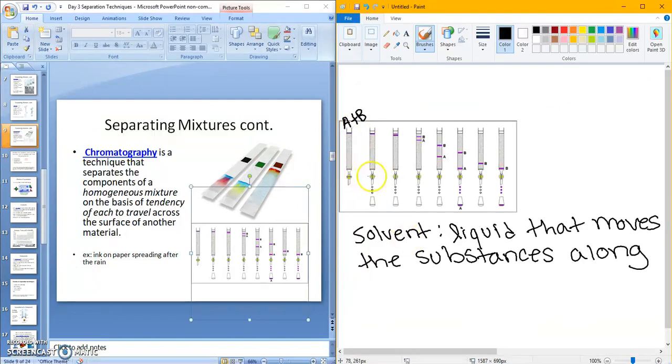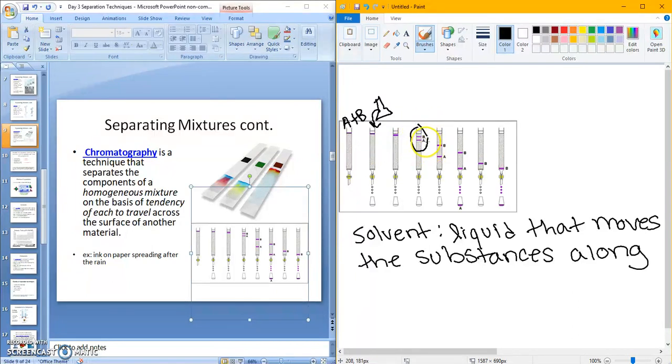The way a lot of chemists use chromatography is by getting a burette. That's what this object is called. They put two substances, we're going to call them A and B, up here at the top. Then they start putting in a solvent, and a solvent is the liquid that will flow through and attach itself to one of the substances. The solvent is put in here, and as it travels down the tube, it's going to grab onto the substances and pull them down.